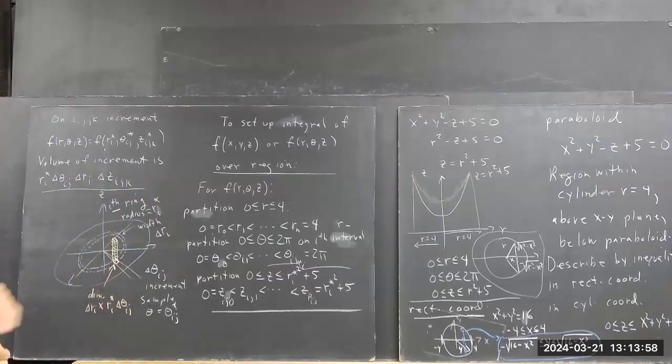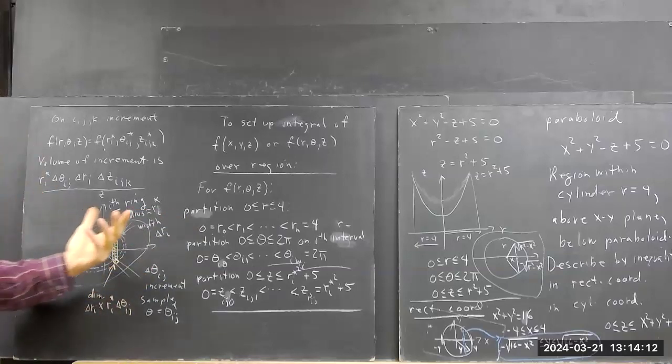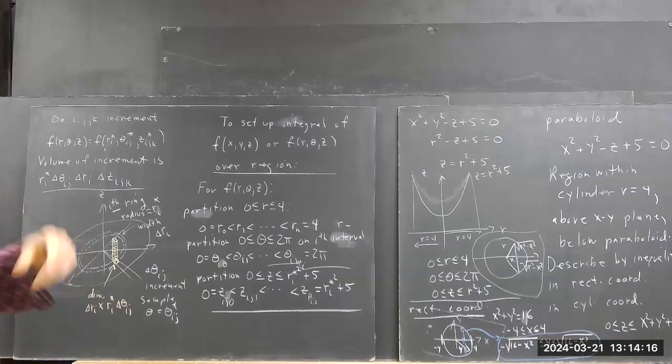Again, now why does z have three subscripts, r has one, and theta has two? Well, because we decided the first thing we're going to partition is r. And we could have decided the first thing we're going to partition is theta. That would have been okay. We'd have come out with the same stuff, we would have had different numbers of subscripts.